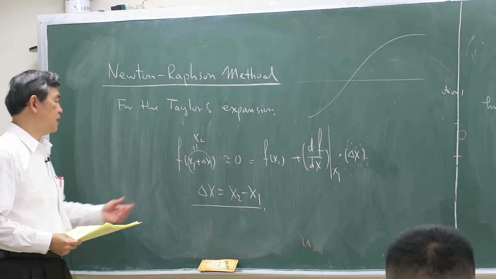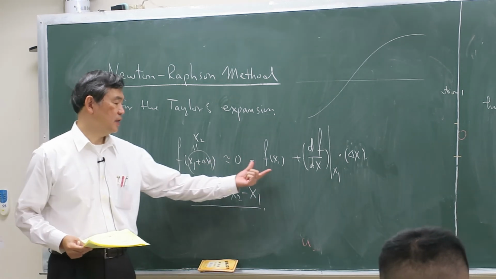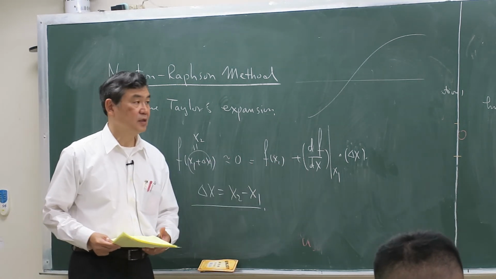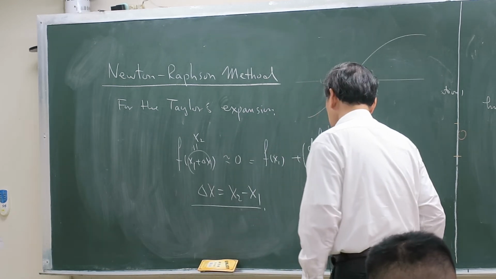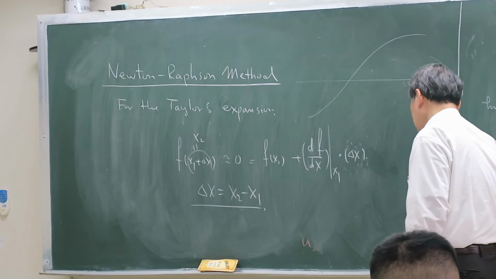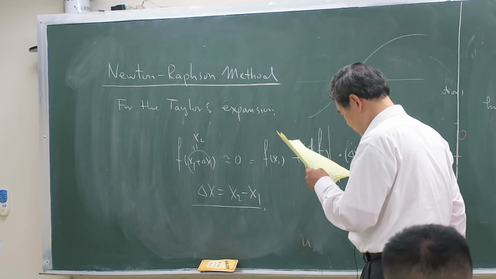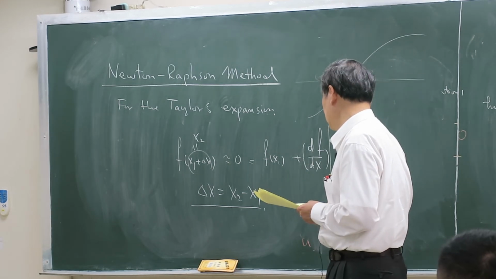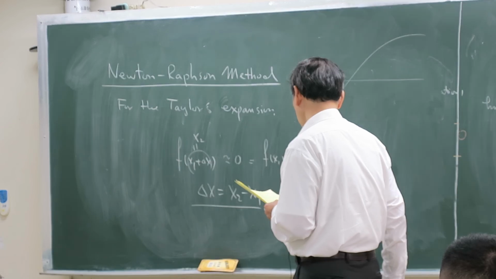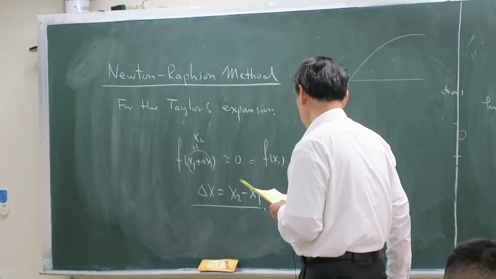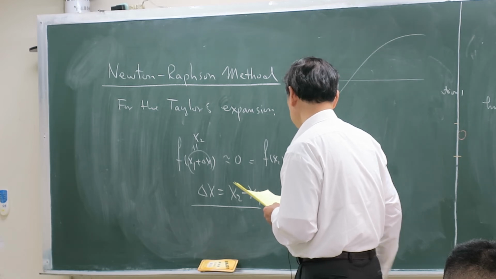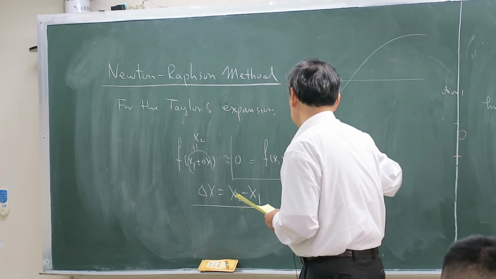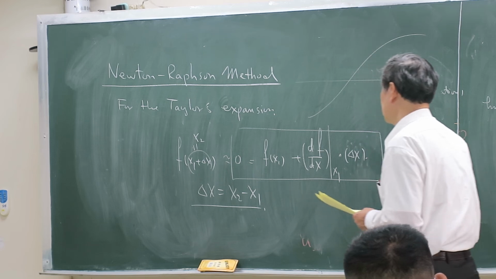So the value of x2 equals the f1 value plus the slope. Then the Newton-Raphson method gives me a formula. So this is an equation.